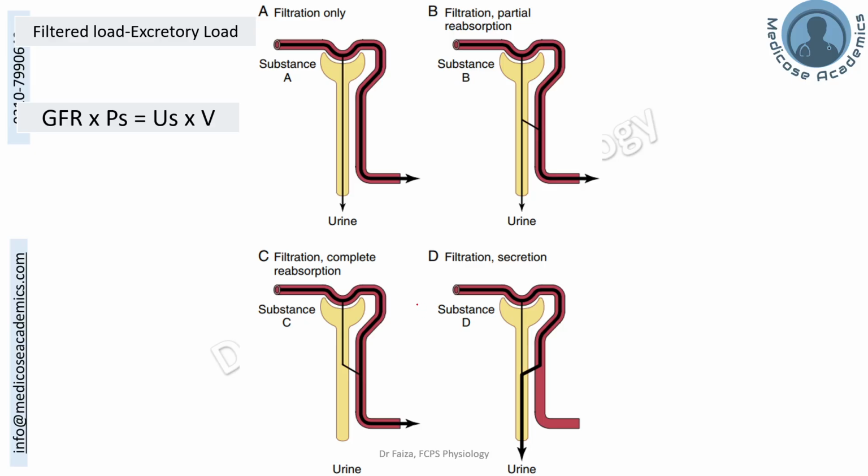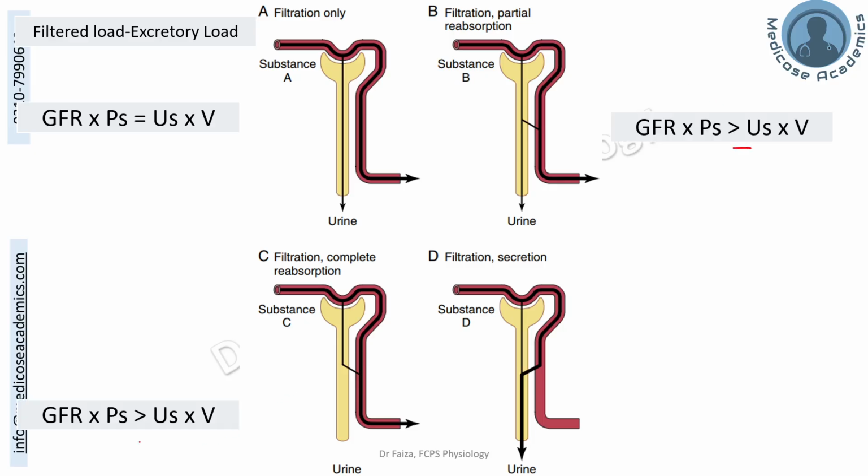So their filtered load is going to be more as compared to the excretory load, as it was reabsorbed on its way. Lastly, substance T was filtered and secreted, but not reabsorbed. So its filtered load is less as compared to its excretory load.